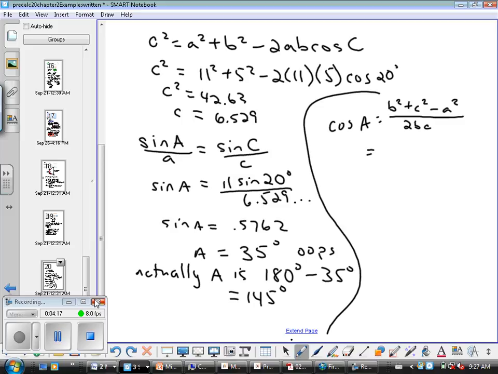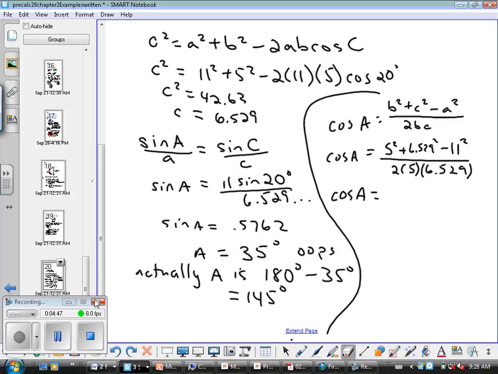That would be 5 squared plus 6.529 squared minus 11 squared over 2 times 5 times 6.529. And you're going to end up with angle A. It's going to give you the right answer. It's not going to give you the supplement like sine does.